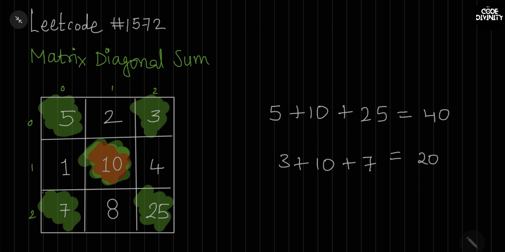So after completion of the sum, we have to deduct the middle element from our entire summation. So this will provide us our answer. Now let's see the algorithm that will help us to achieve this solution.